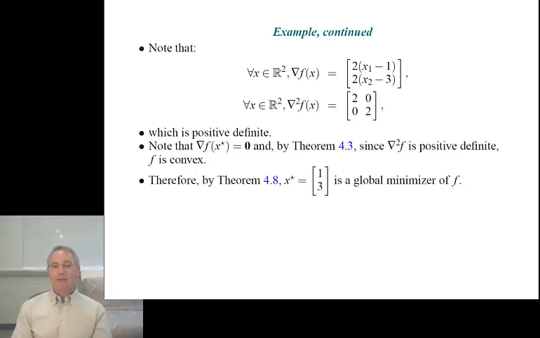Number one, it is independent of x, and number two, it is twice the identity matrix, and is therefore a positive definite matrix. So by theorem 4.3, del squared f, the Hessian of f, is positive definite throughout R squared, and therefore f is convex. So by problem 4.8, since the gradient of f at x star is equal to 0, x star is indeed a global minimizer of f.